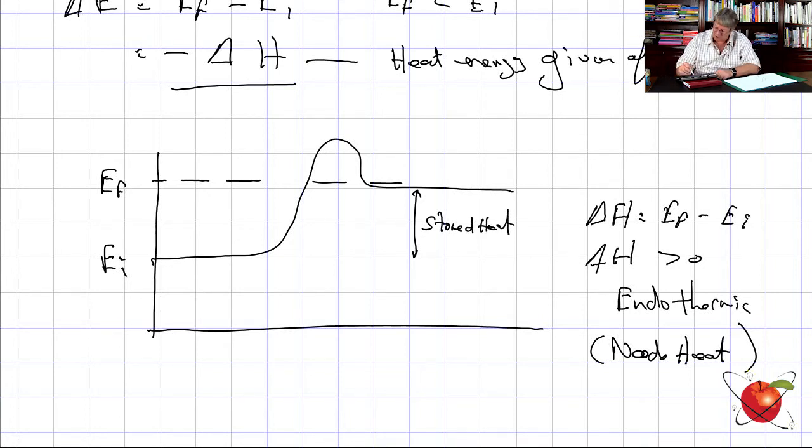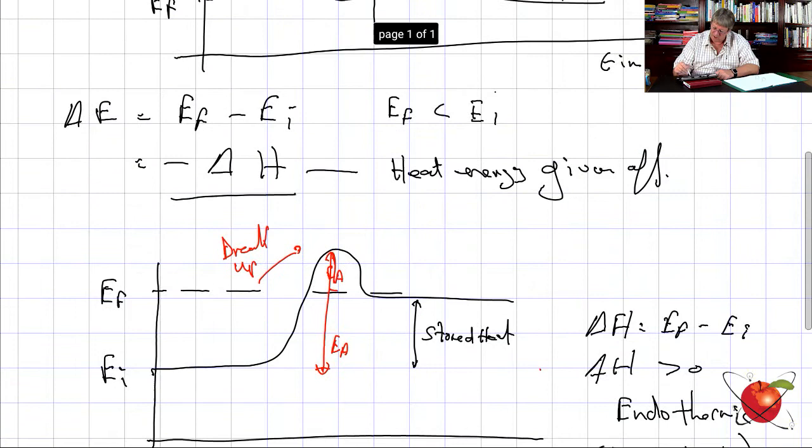Same again, we can just put in the other lines. This is EA over here. All right? The activation energy, my bad, is there, isn't it? EA is the activation energy. And the piece on top, okay, I said this was the breakup. This over here on the other side, I can't remember, what did I use?